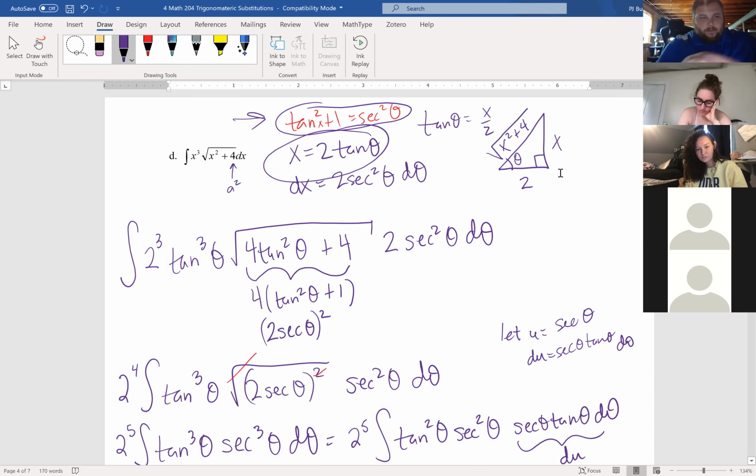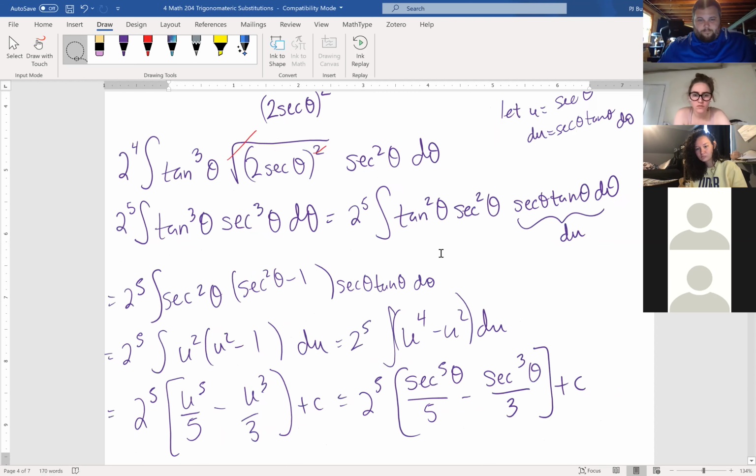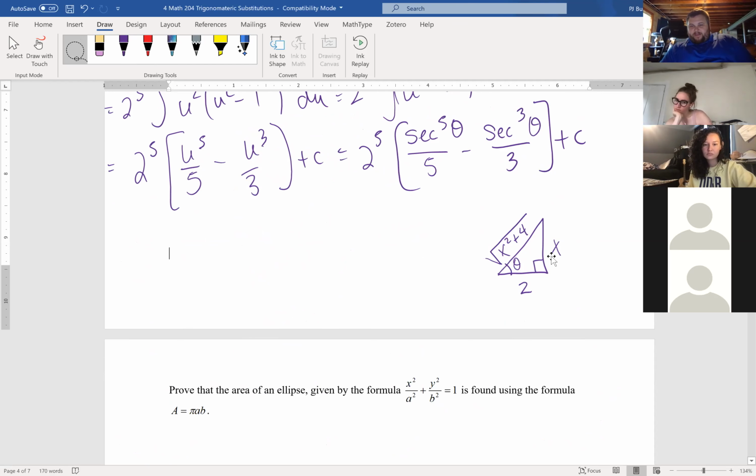Let me go ahead and see if I can snag this guy here and take it along with us. So now we need to look at secant. How do we get secant? Well, typically we don't read secant right off the graph, but we do know that secant's related to cosine.